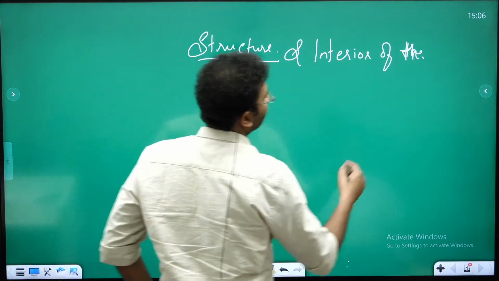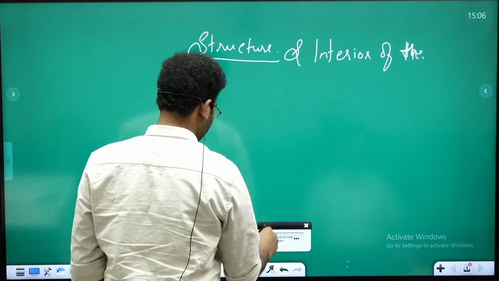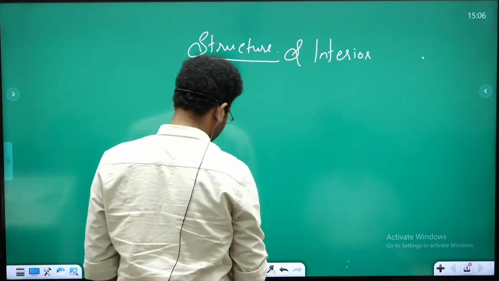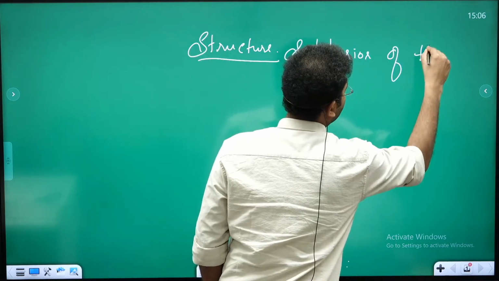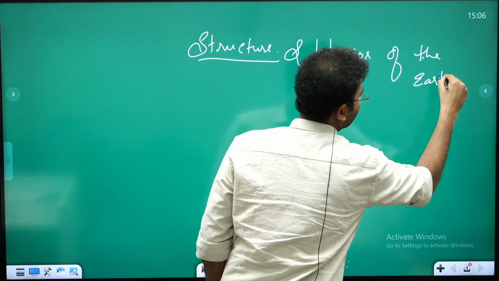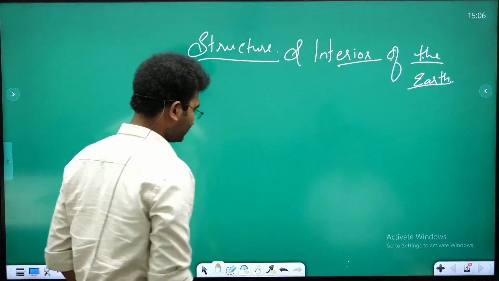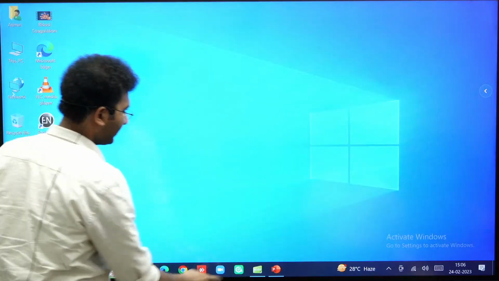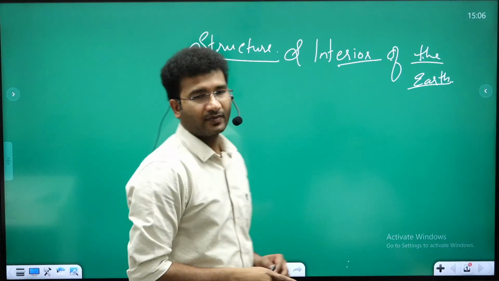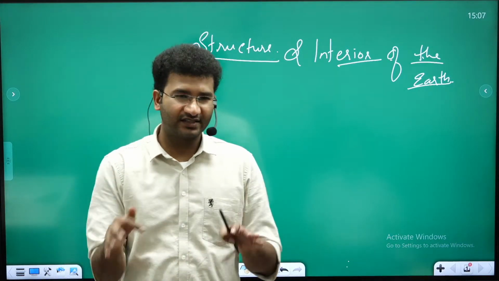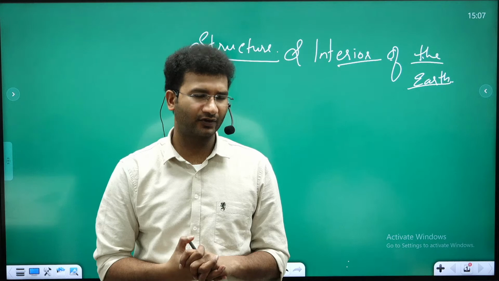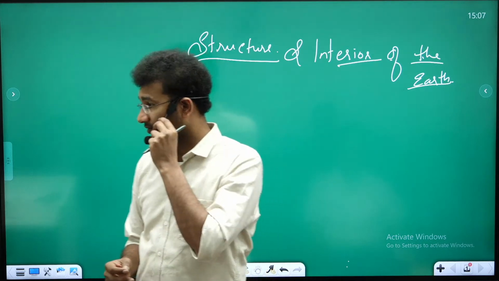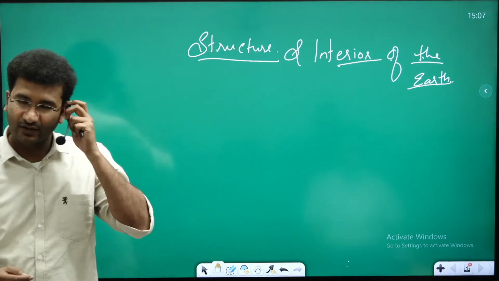So the structure of the interior. Firstly, broadly speaking, how do you study what is there within the interior of the earth? What are the ways and means? Seismic waves is what people said.